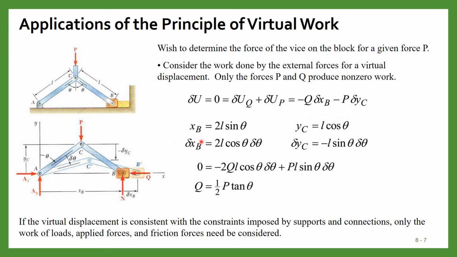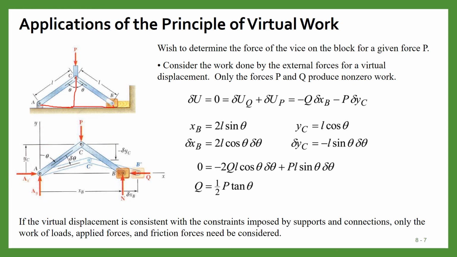Now we can write the expressions for xb. This xb is nothing but 2l sine theta, because up to this point it is l sine theta plus l sine theta.